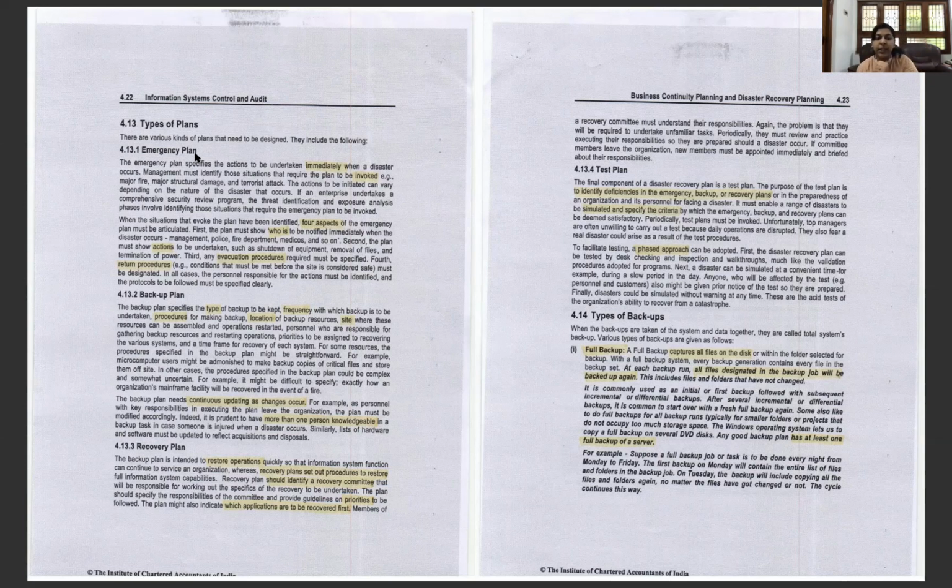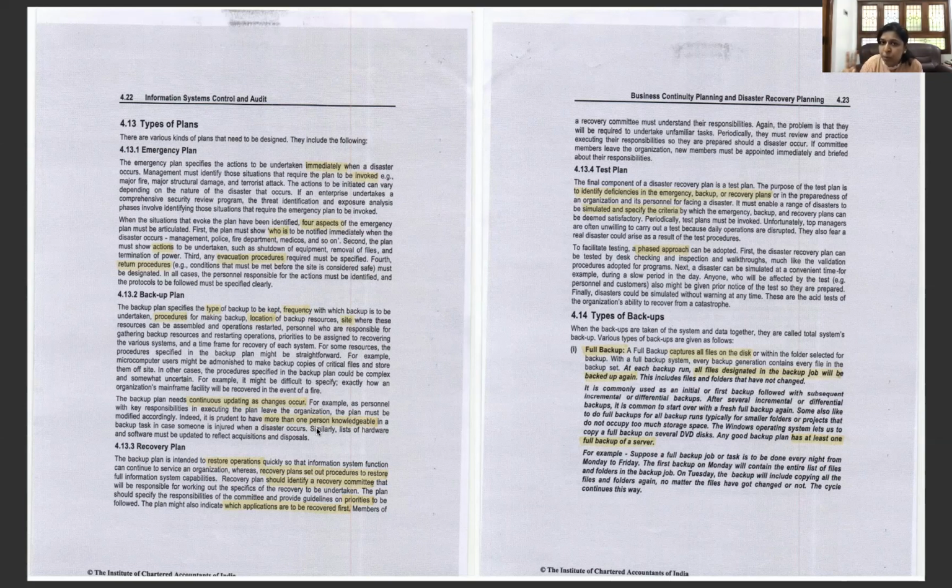Okay, the backup plan also needs continuous updating as change occurs. Just like the maintenance plan, this also needs continuous updating. And more than one knowledgeable person should be tasked.